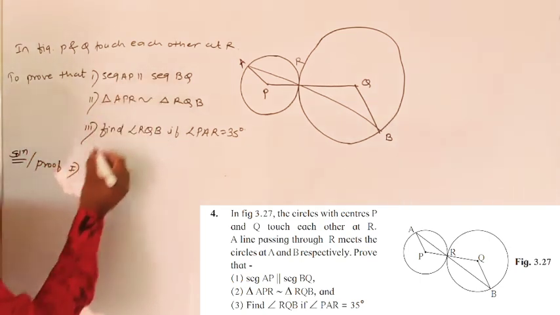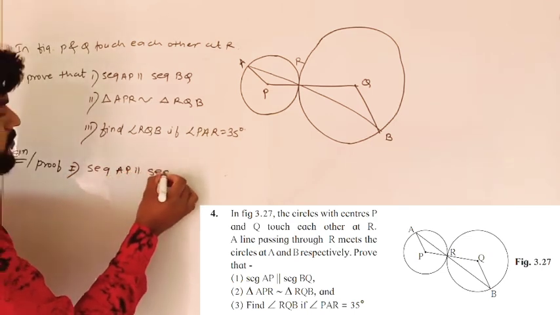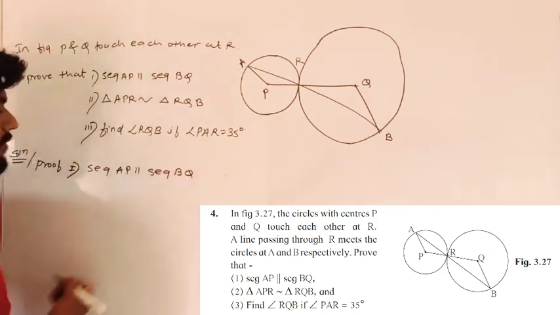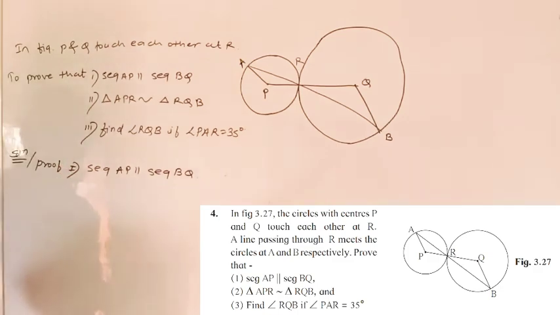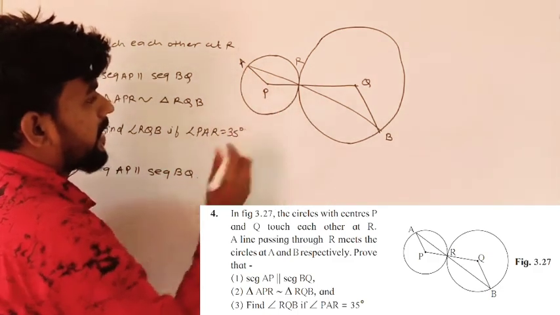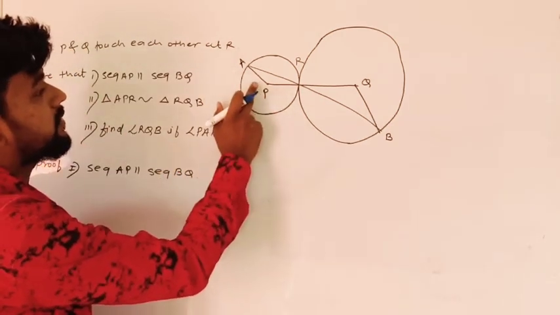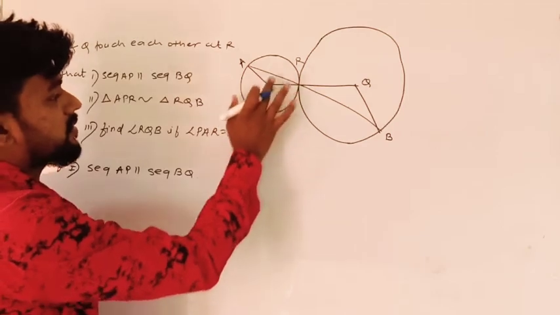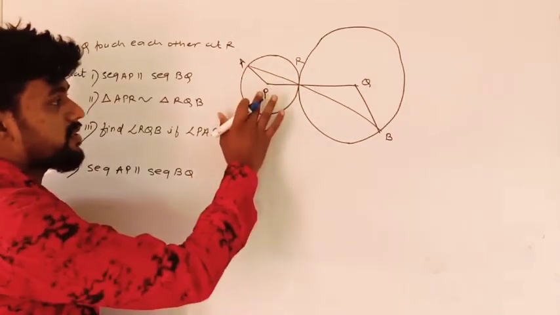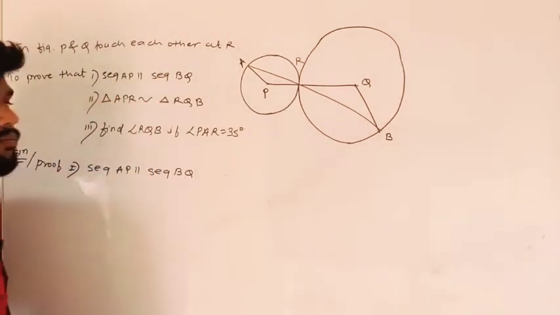First, in the question it is given that segment AP is parallel to segment BQ. If you see in the figure, PA and PR are the radii of circle P, and RQ and QB are the radii of the second circle.